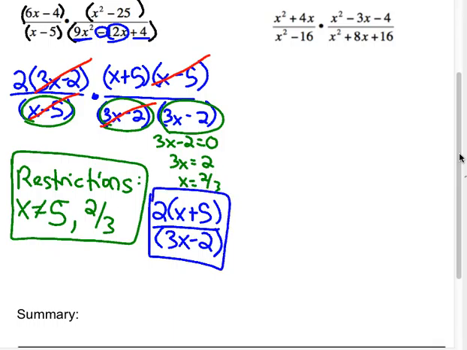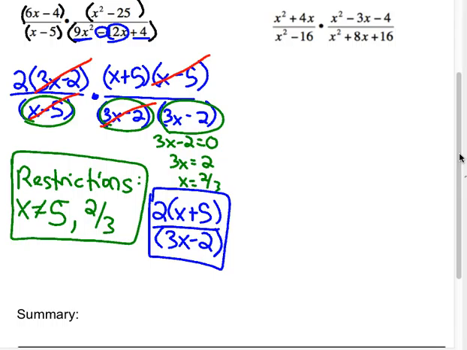Okay, so even when you're multiplying, it's still that same thing. Anything on the top can cancel with anything on the bottom as long as they're the same thing, the same expression. Okay? And again, I have both of my pieces, restrictions and the simplified expression, so that means that I am done with this example.